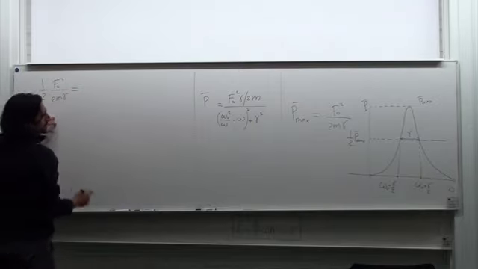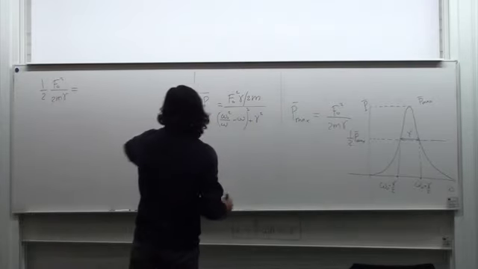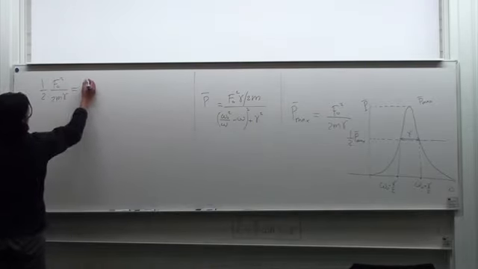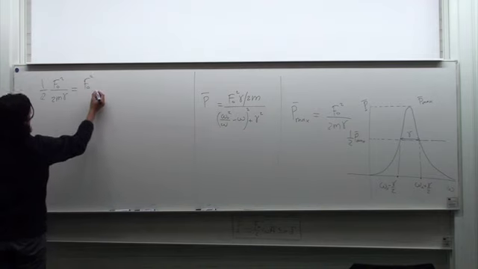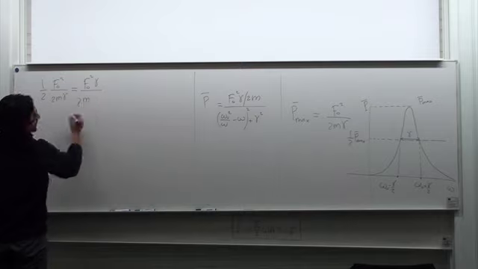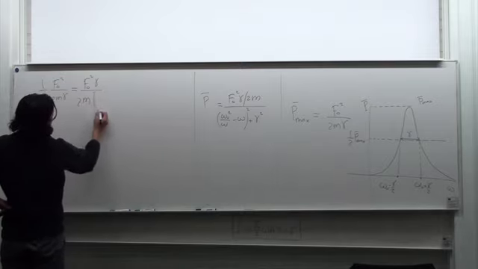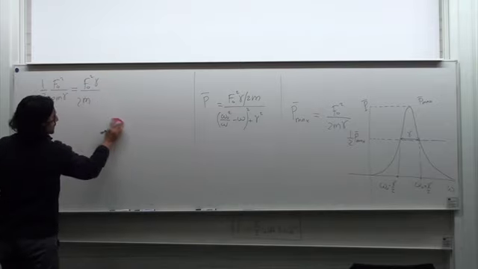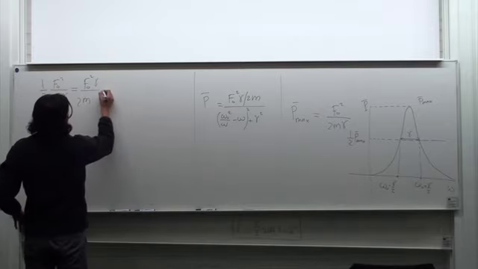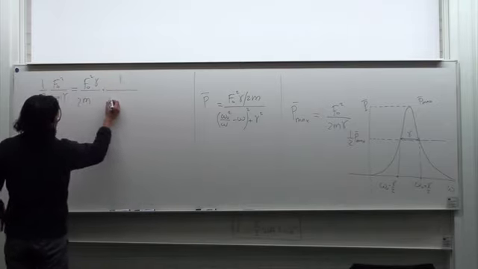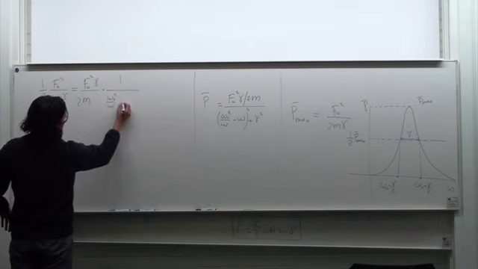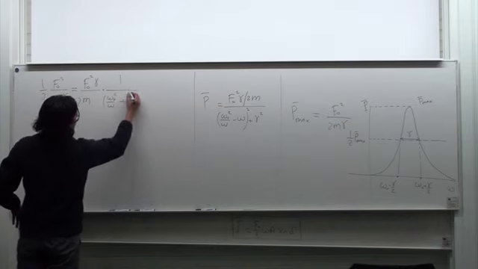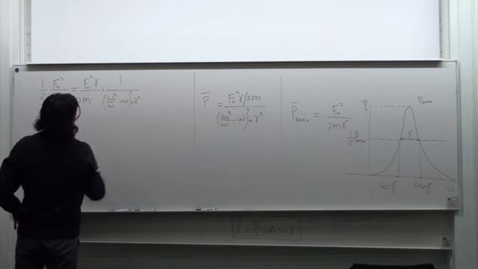That's half P max. It equals, now I'm substituting here, f0 squared gamma over 2m times 1 over omega 0 squared over omega minus omega 0, all squared, plus gamma squared.